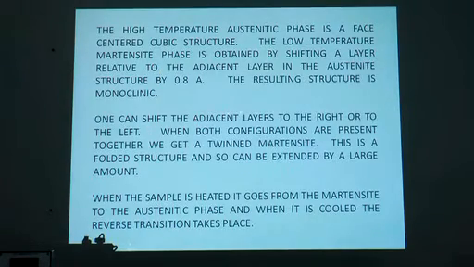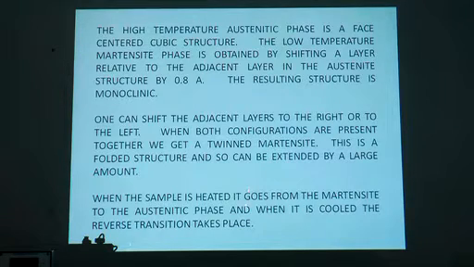One can shift the adjacent layers to the right or to the left. When both configurations are present together, we get a twinned martensite structure. This is a folded structure and can be extended by a large amount.